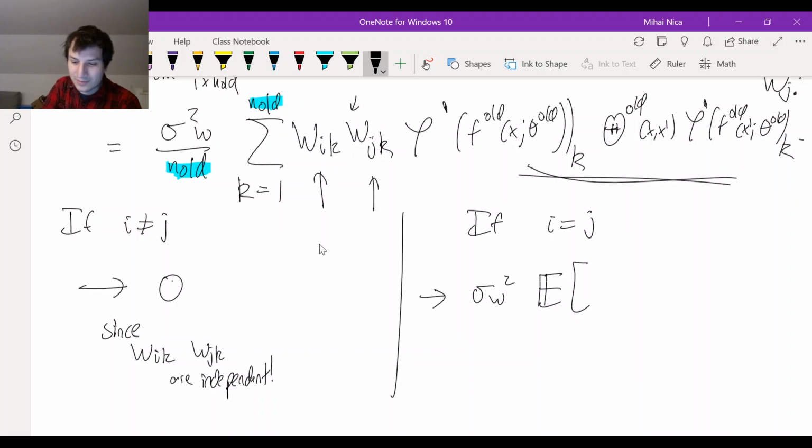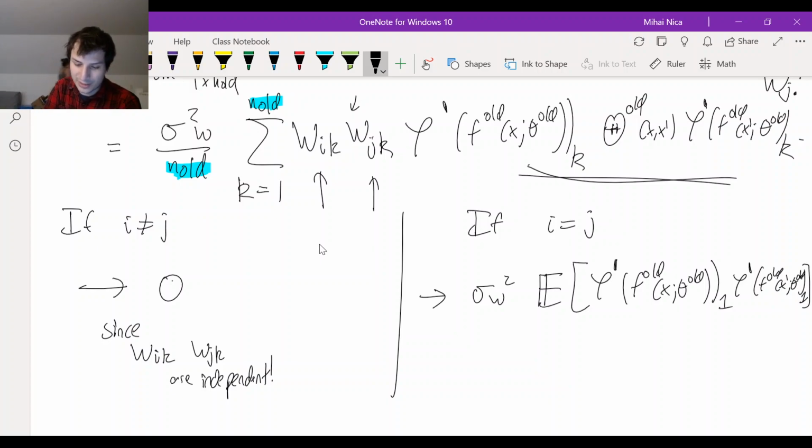And you might notice the theta hat old is just a constant. That pops out. So what you end up with is this, phi prime of f old x theta old 1. So any component, you can pick your favorite. Phi prime of f old x prime theta old 1.